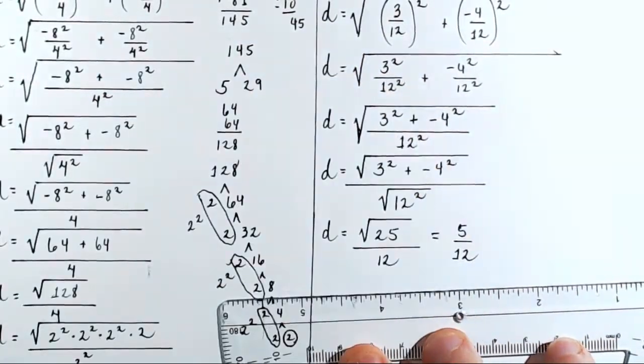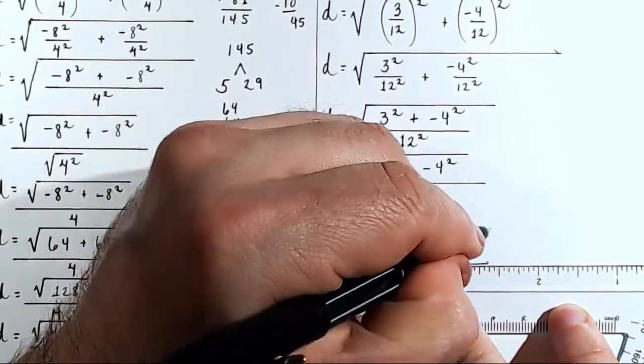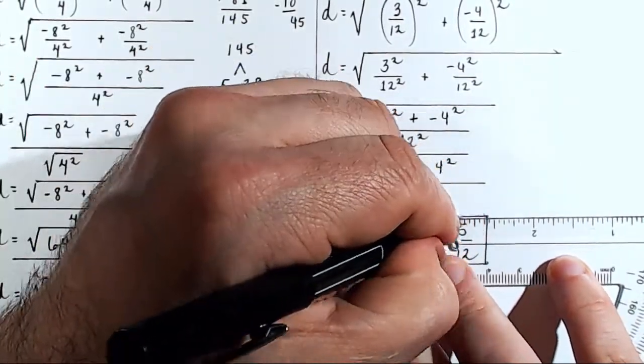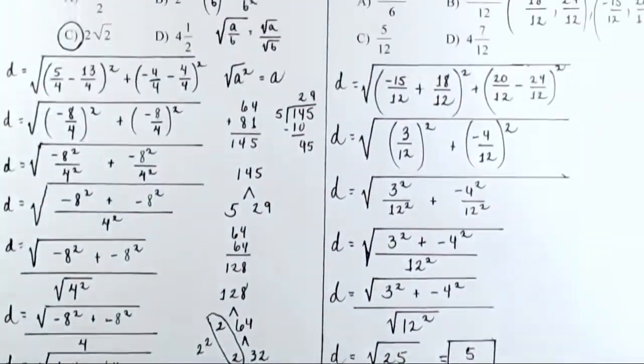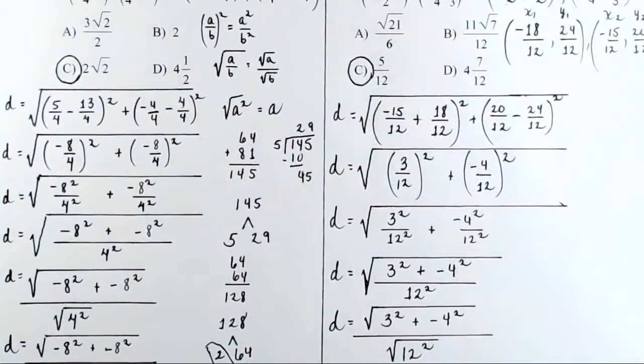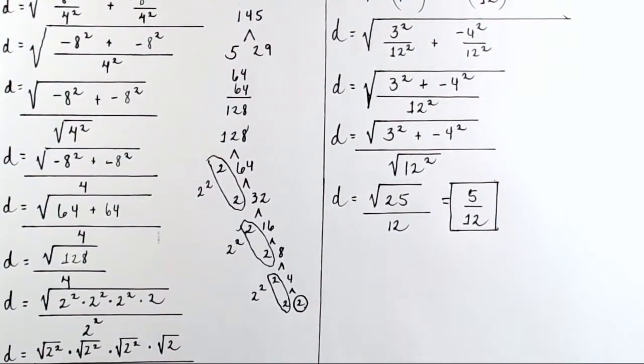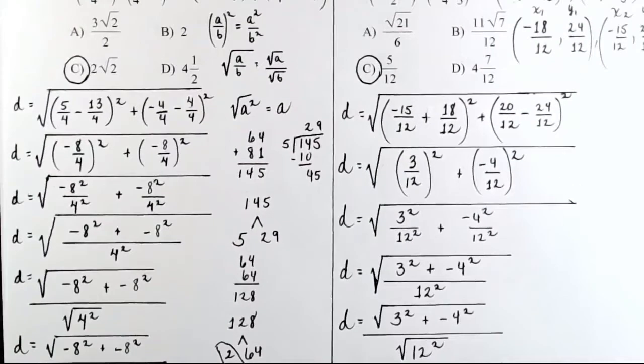And that's an irreducible fraction. I feel confident that that's right. And there it is. It was nice. It came out to a number like that instead of some crazy square root. So that is number 4.